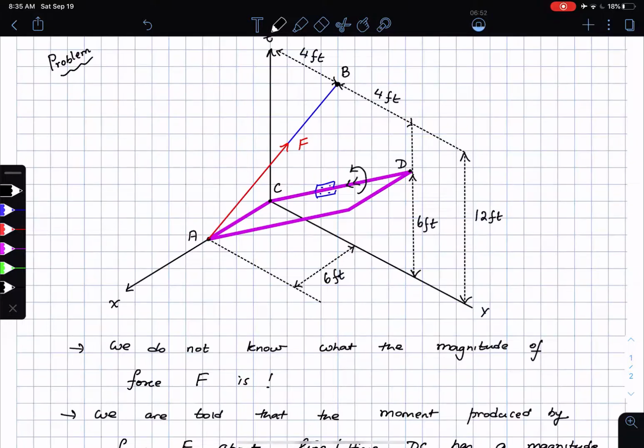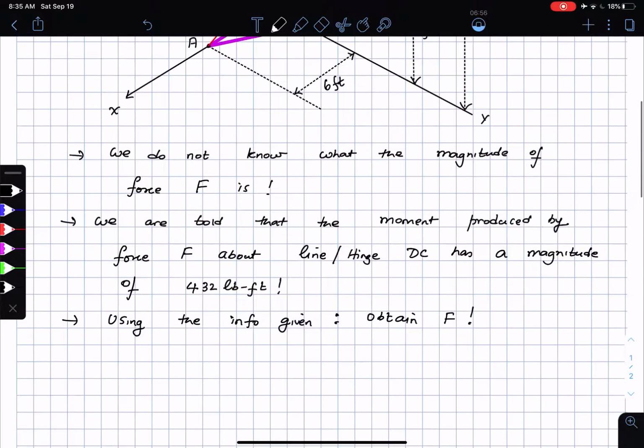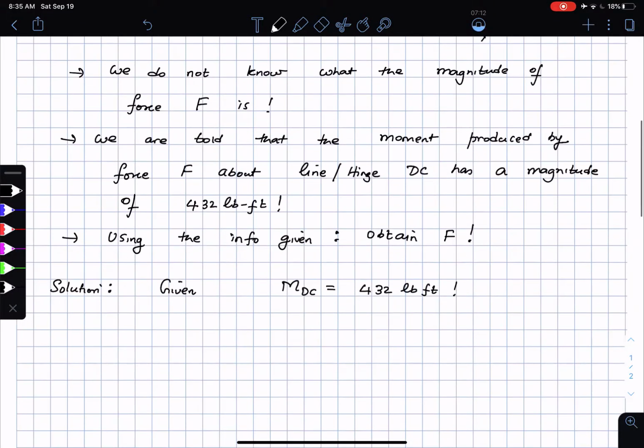In this problem, solution, I'm given the magnitude MDC is equal to 432 pound-feet. And this MDC is along line DC. So how do I solve this problem?